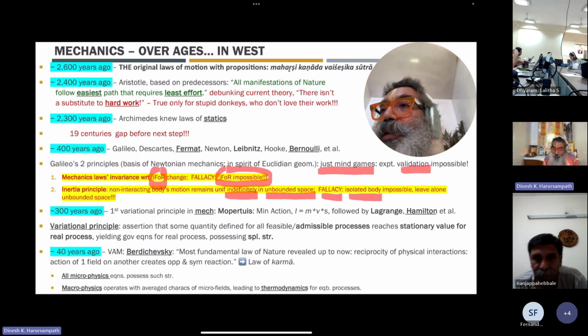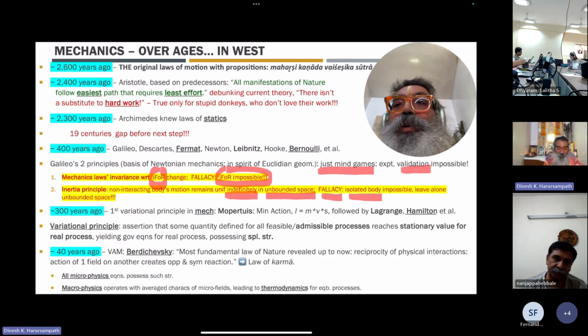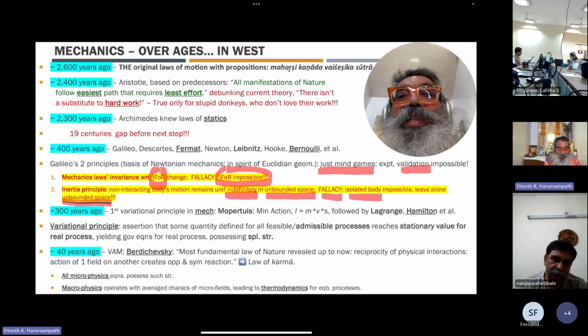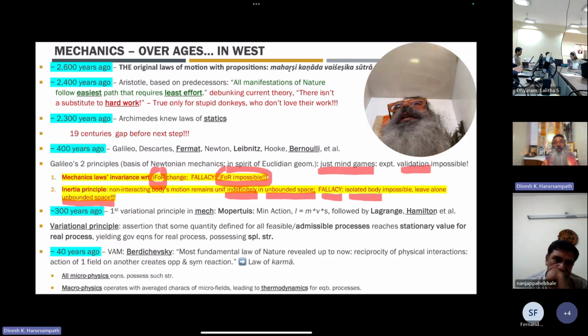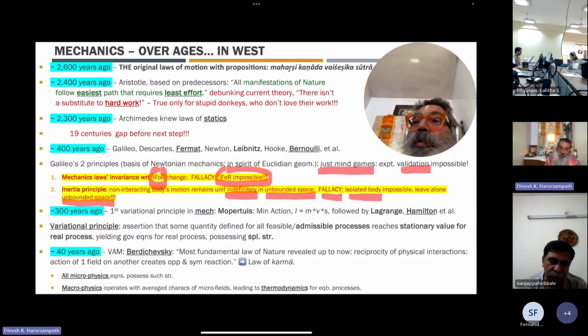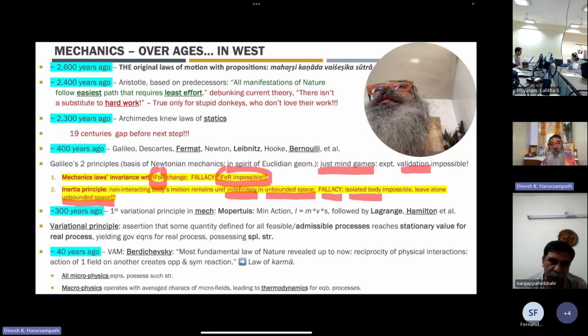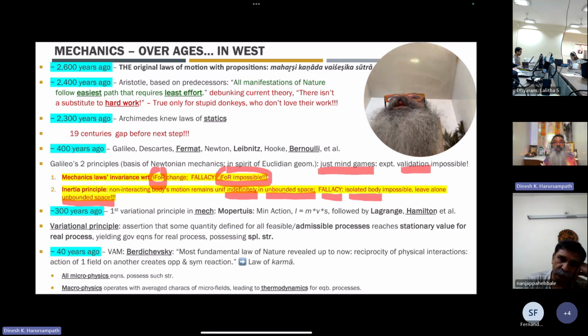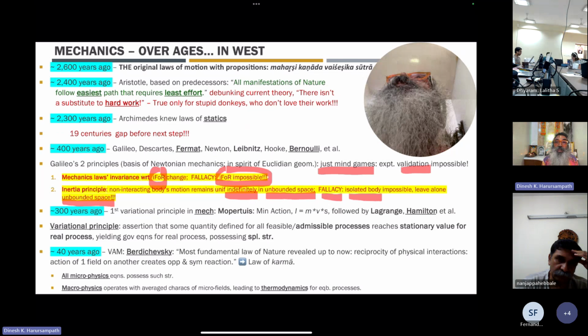So isolated body is impossible. So leave alone, of course, unbounded space, which also we know today very well that it's just not possible. So since the very basic propositions or conditions on which these two principles of Galileo, namely the mechanics law invariance and the inertia principle, are based, and which in turn gave rise to Newton's laws of motion, therefore, all of these are to be taken with a pinch of salt.